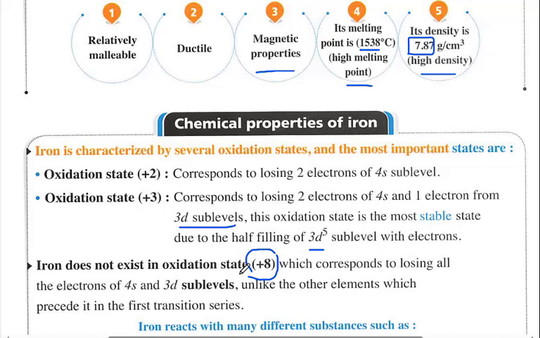Here iron is the first element in this series which cannot obtain the maximum oxidation state of the group. Iron, cobalt, nickel are from group 8, but iron cannot lose the 4s2 electrons or the 3d6 electrons completely. So it forms only positive 2 and positive 3 as oxidation states.